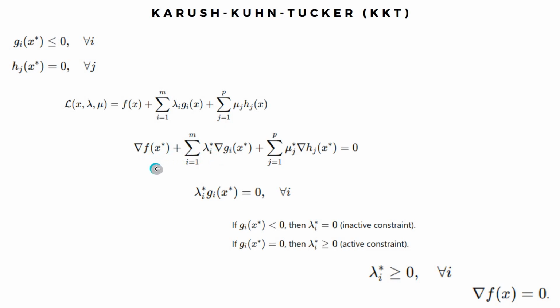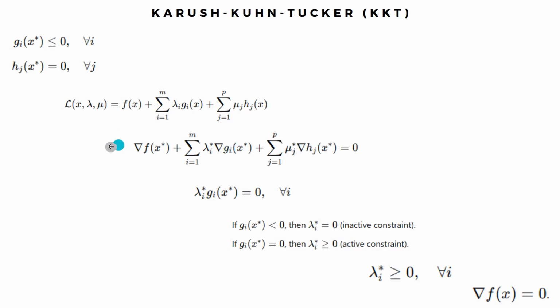Let's read it: the gradient of f of x star, plus the summation from i equals 1 to m of lambda sub i star times the gradient of g sub i of x star, plus the summation from j equals 1 to p of mu sub j star times the gradient of h sub j of x star, equals 0.